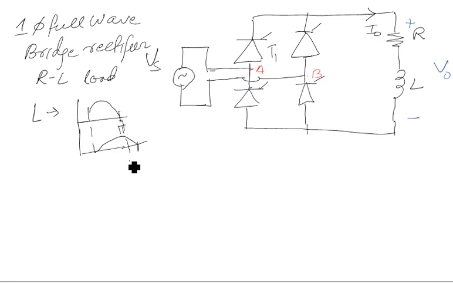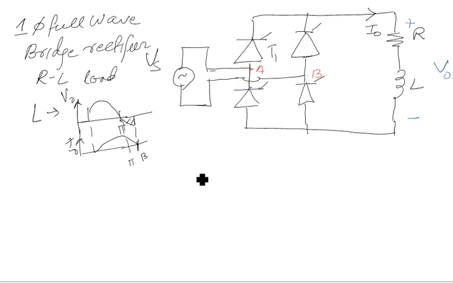That is this beta value. Because the current approaches zero at beta, the negative portion comes, and the SCR has to conduct in the reverse bias also.